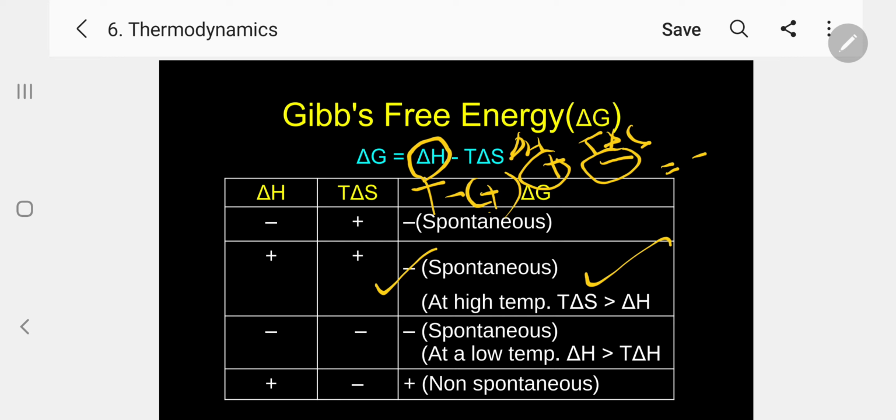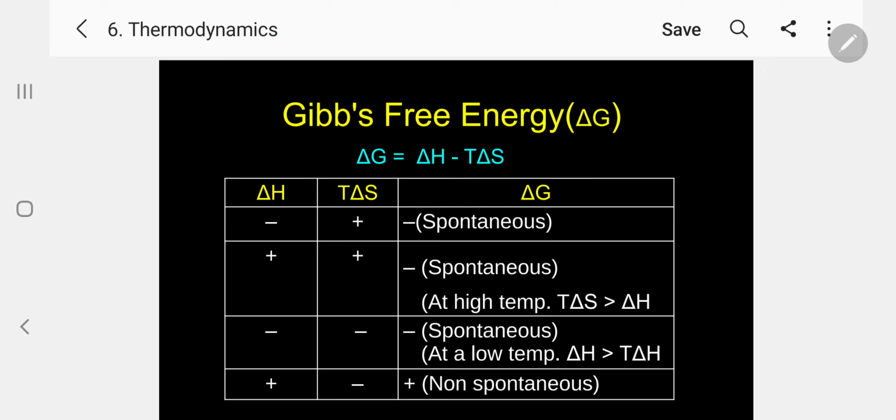What is the meaning of that? At high temperature, an endothermic reaction is spontaneous. That means T delta S should be greater than delta H. The third condition is again for exothermic.